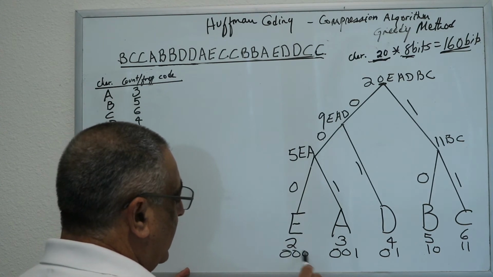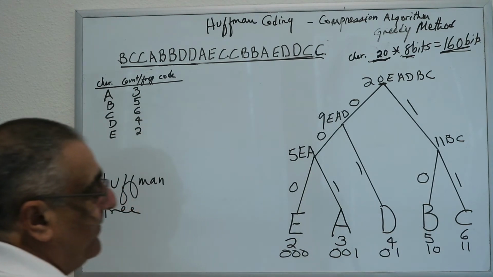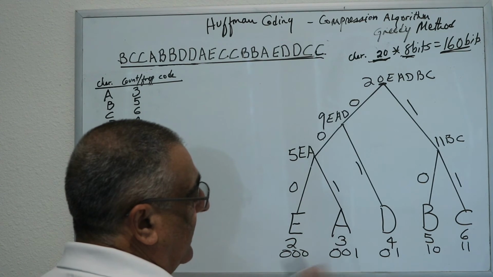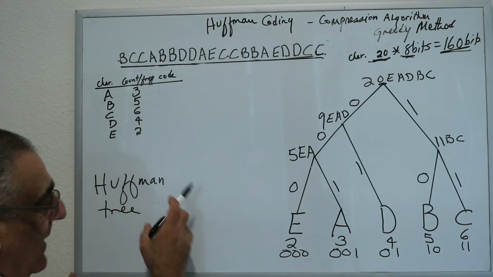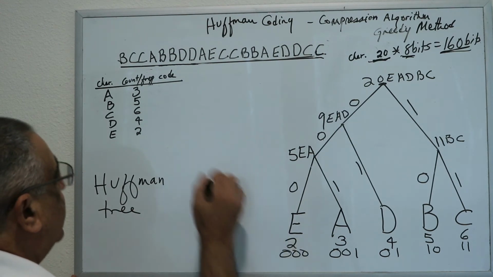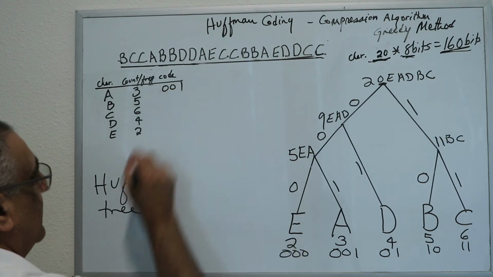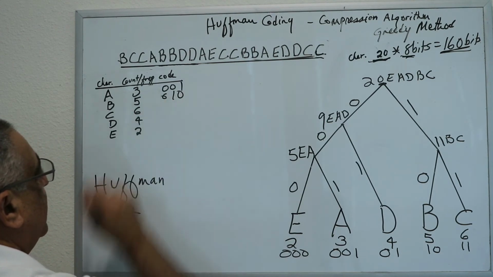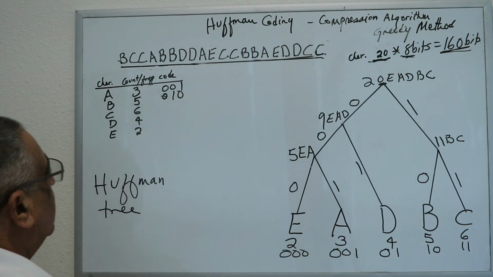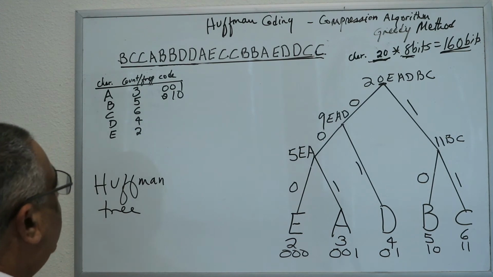So as you can see, the ones that have the most frequency carry fewer bits. So A is now represented as 0, 0, 1, okay? B is actually 1, 0. If I put a 0 in front of it, that's not going to change anything.